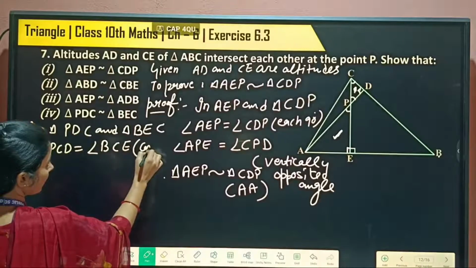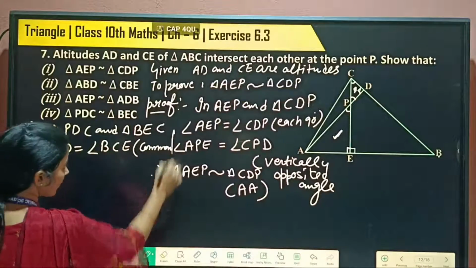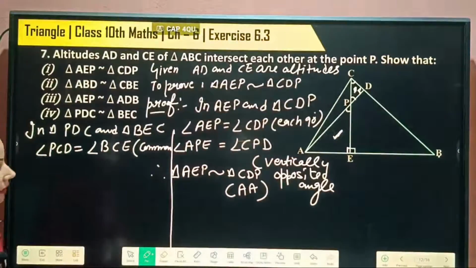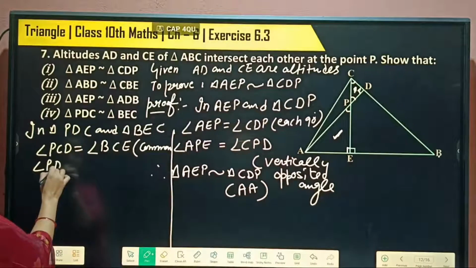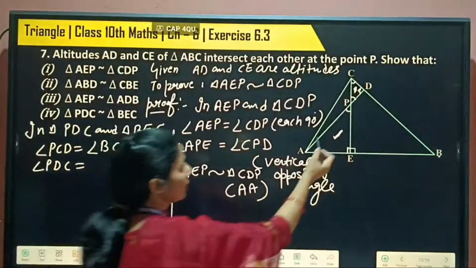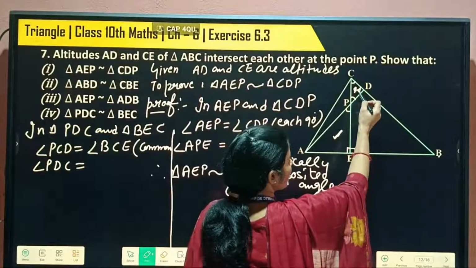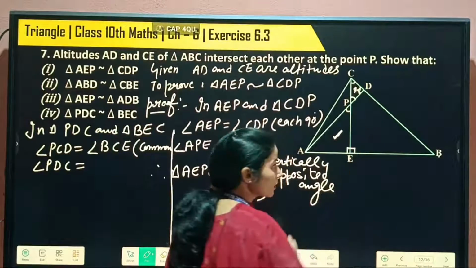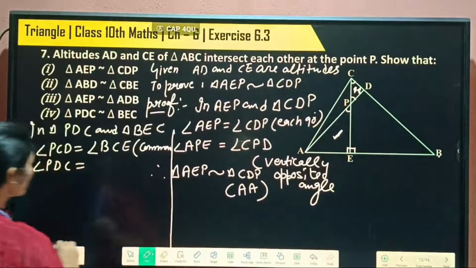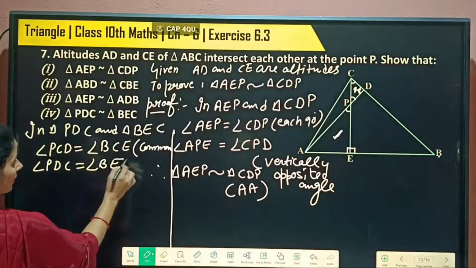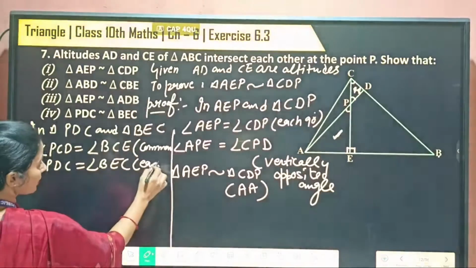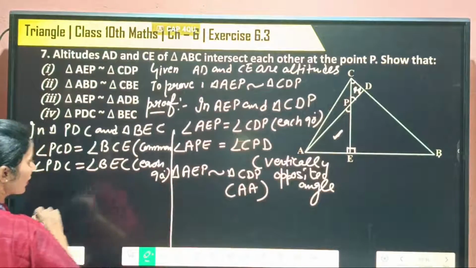This is common in both triangles, and angle PDC is 90 degrees, and this angle E is also 90 degrees. So you will write angle PDC equals angle BEC, each 90 degrees.